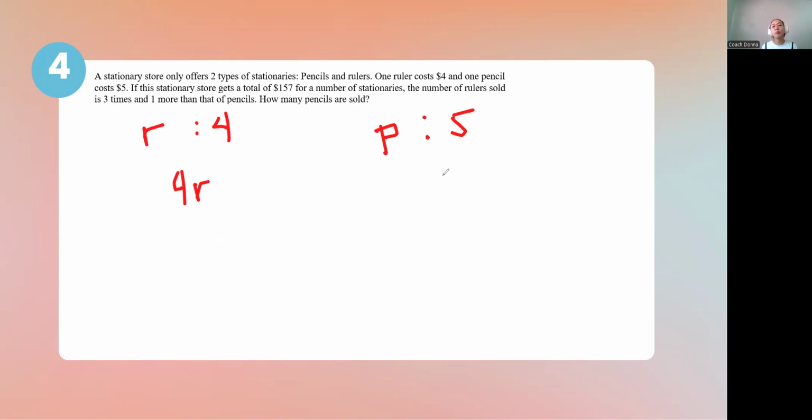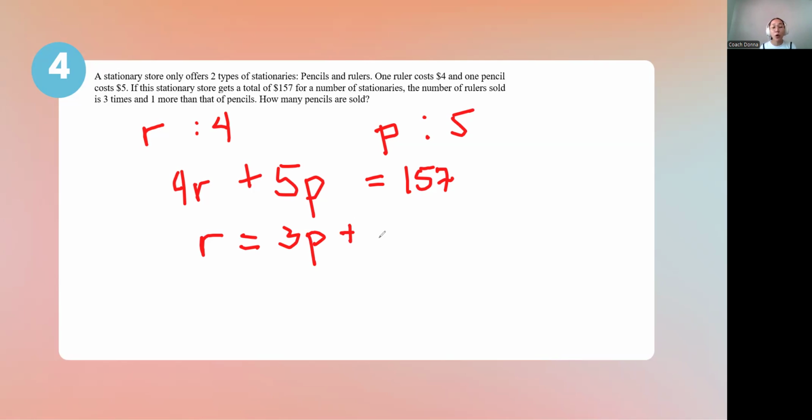157. The number of rulers sold, okay, the number of rulers, that's R, sold is, when you see the word is, that's an equal sign, 3 times the pencil, 3 times and 1 more than the pencil. All right?